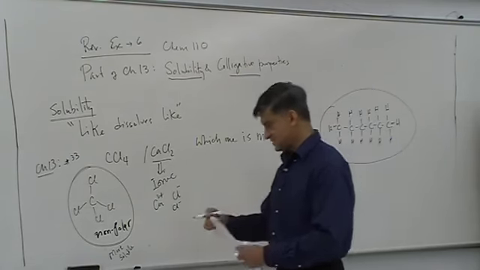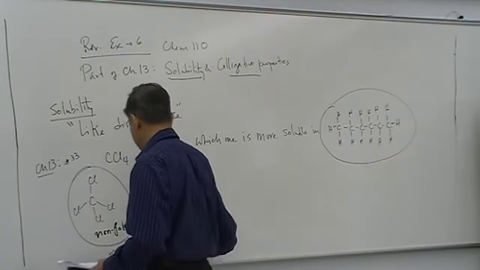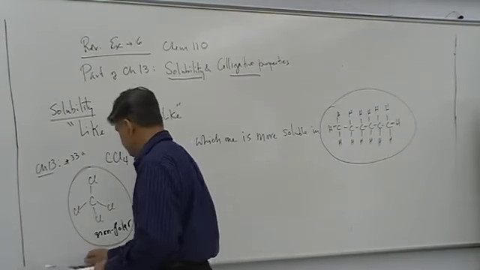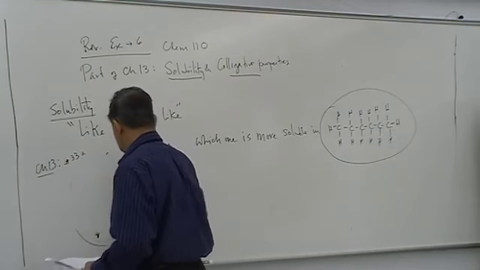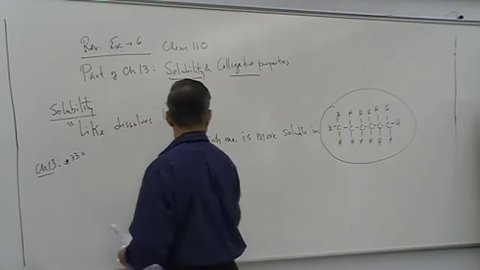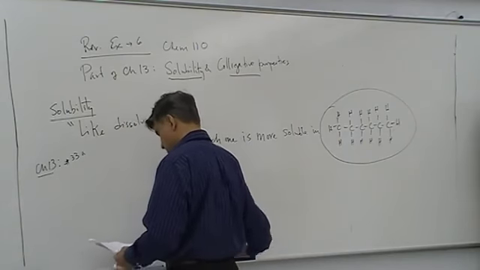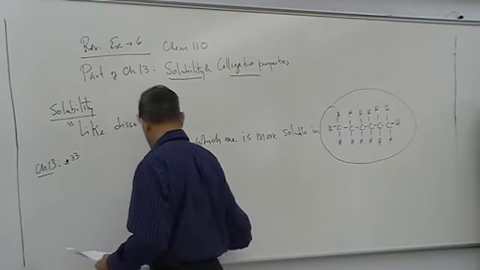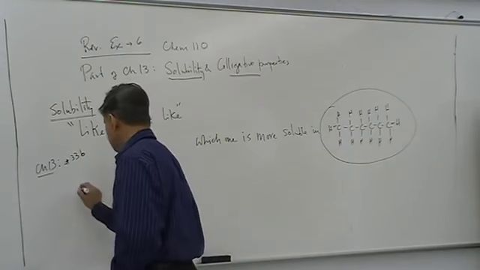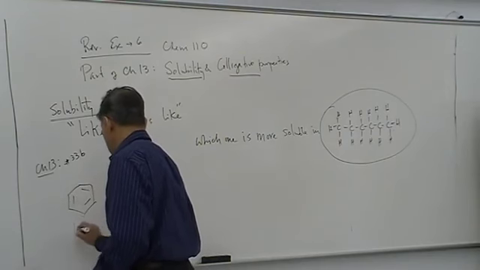Similarly, if you look at the next problem, 33b, this is 33a. 33b is a similar problem, just I'm trying to give you the understanding of it. 33b has benzene. So these 2 solutes, one is benzene.